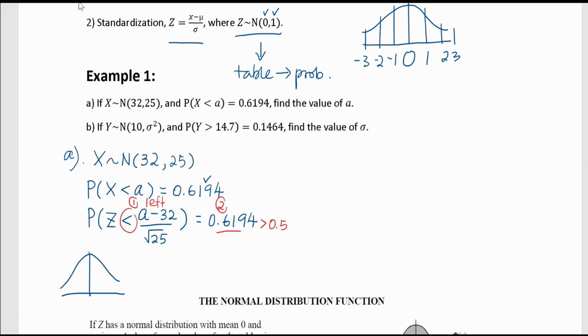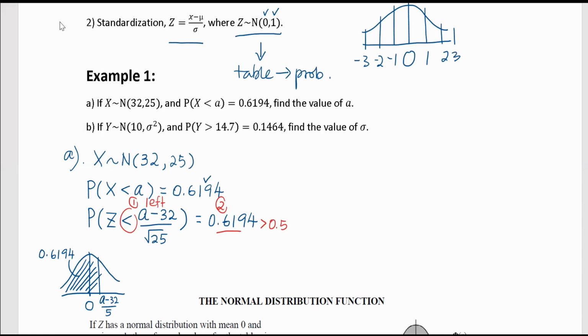Combining these two pieces of information, we can conclude that after we standardize it, the value of the z-score must be on the right-hand side, which is (a minus 32) divided by 5 here. And the probability is the area under the curve that moves towards the left, right? So this is the probability, 0.6194.